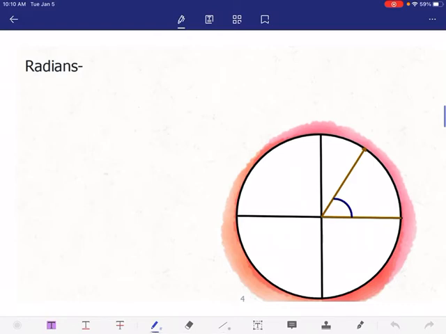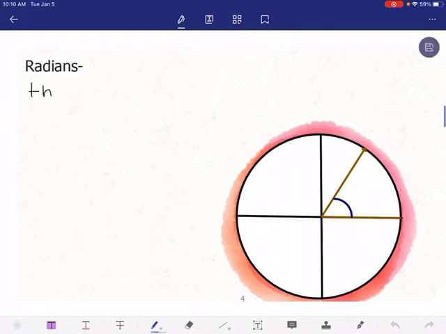And so that's why somebody came up with this idea of a radian, because it doesn't have a unit attached to it. It's what's called a pure unit or a pure measurement, because there's not actually a unit attached to it, because we actually use the circle to look at that.